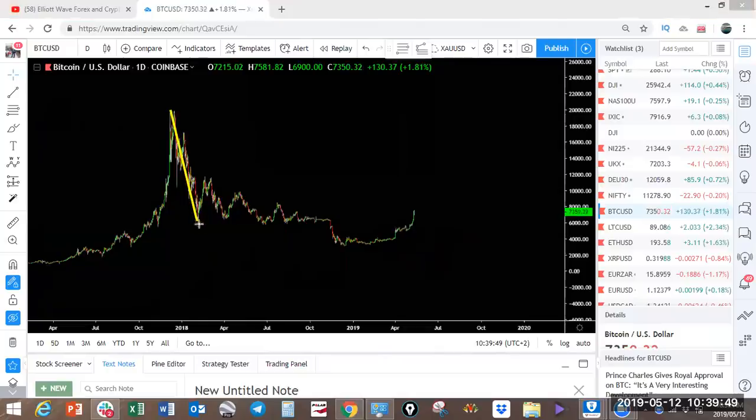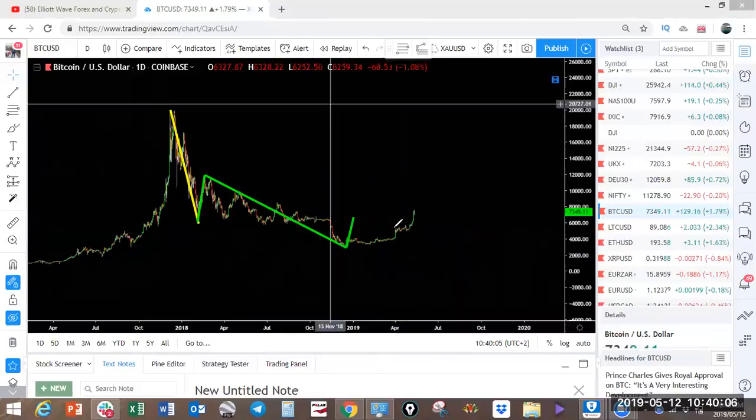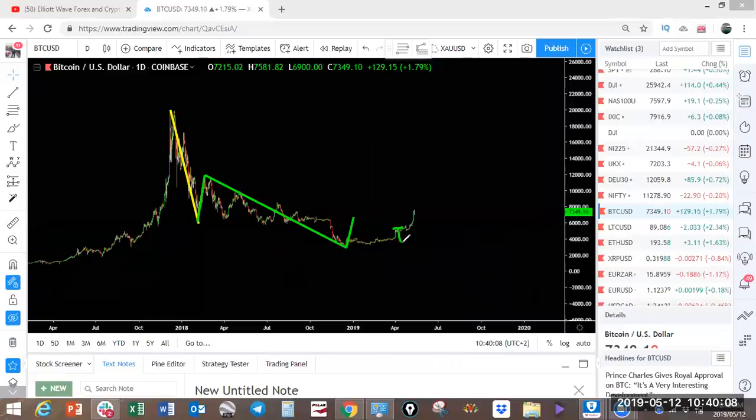We've got one here, and 1, 2 here. This is what I was expecting around the beginning of April: the last move to the downside.